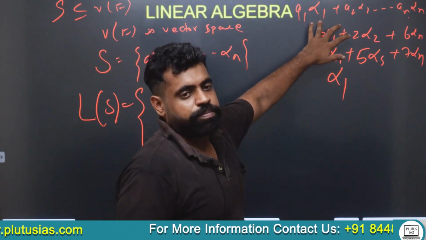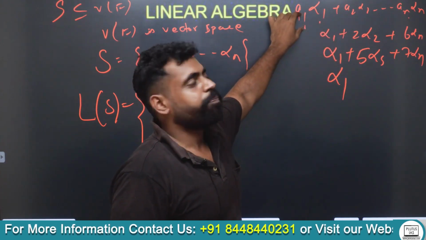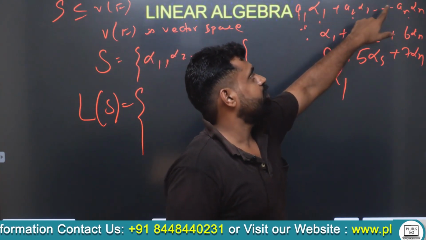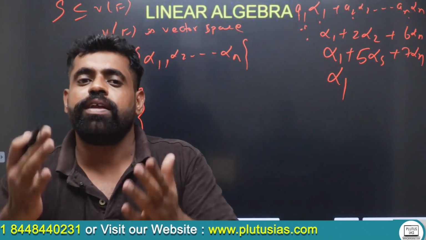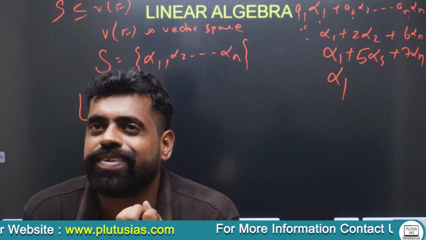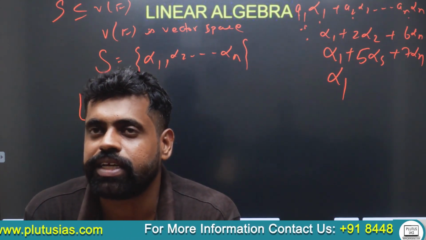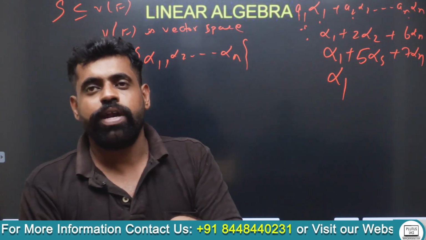This is a vector. This is a scalar. A scalar product gives a vector. And again, this is another vector. Adding these vectors will only result in a vector in V only, because we have already seen that scalar multiplication and vector addition are closed. So all those elements will come from V only.